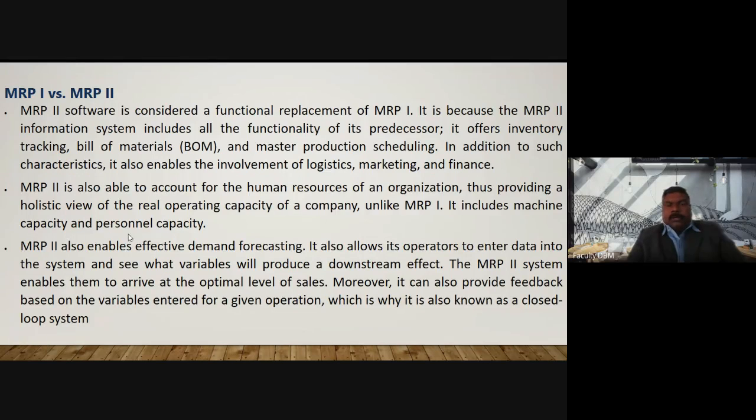MRP2 also evaluates demand forecasting. Operators enter the data into the system, and variables will produce downstream effects. The MRP2 system enables them to arrive at the optimal levels of sales.